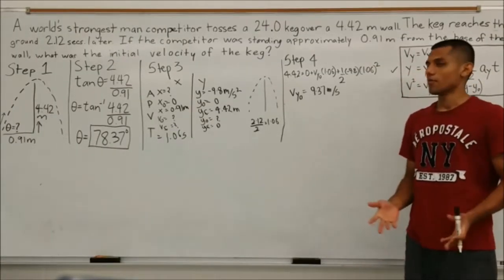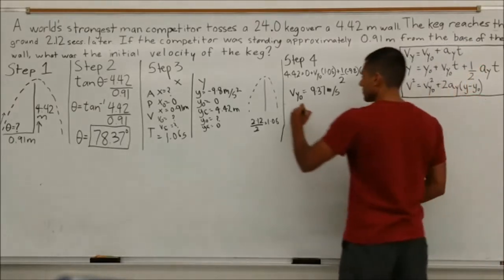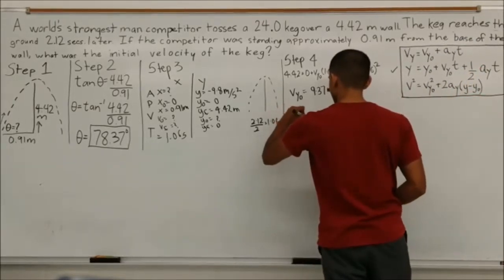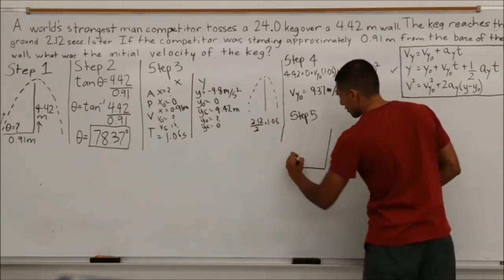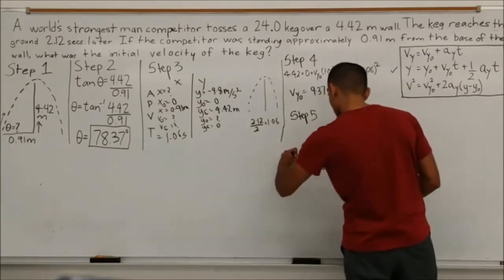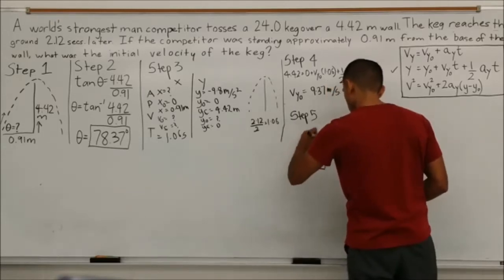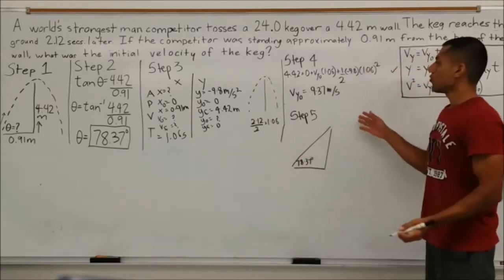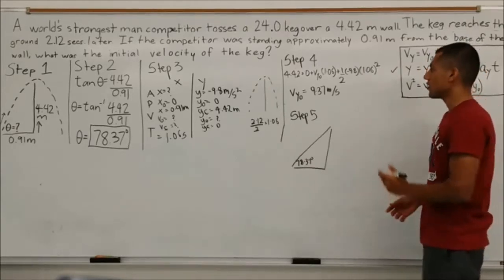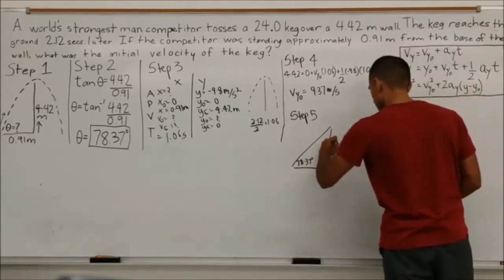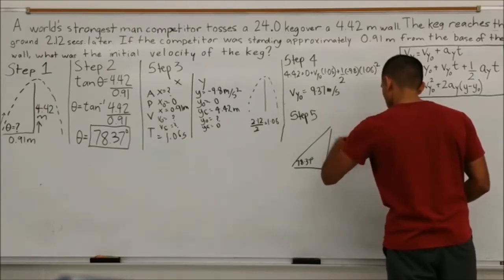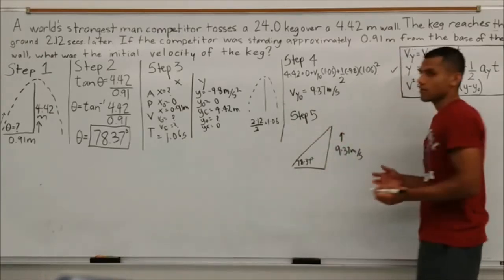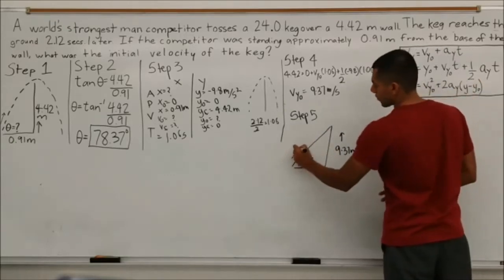So for the final step, let's redraw a diagram. We know that theta is 78.37 degrees. And from step 4, we know that the initial velocity in the Y direction is 9.37 meters per second. But we need to find the initial velocity in this direction.